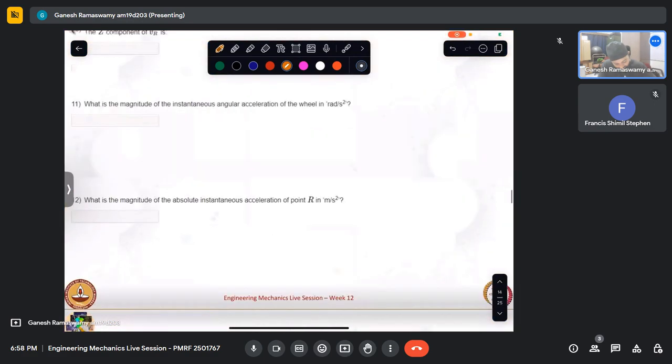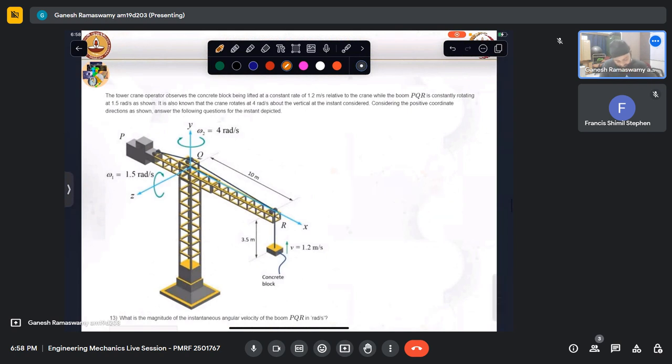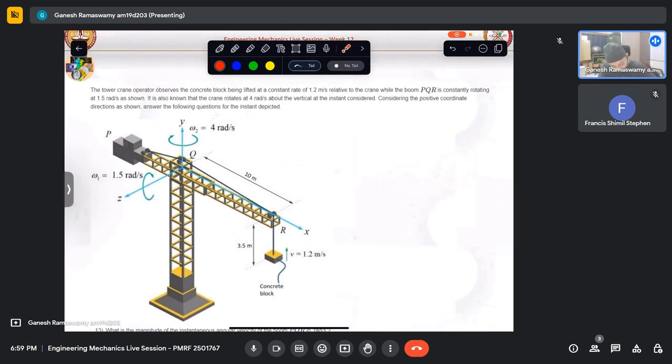So let us look at this question. A tower crane operator observes the concrete block being lifted at a constant rate of 1.2 meters per second relative to the crane, while the boom PQR, this is the arm of that crane, is constantly rotating at 1.5 radians per second as shown.